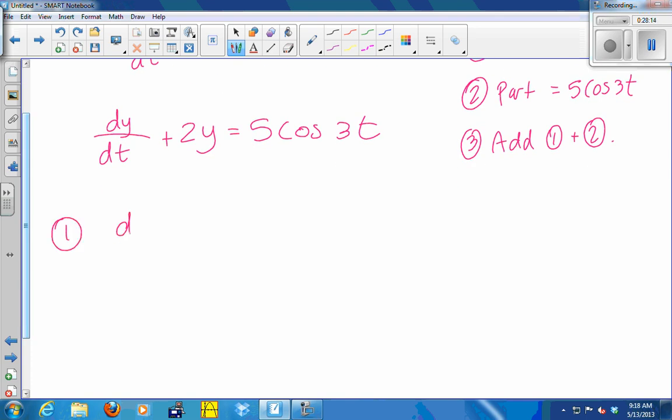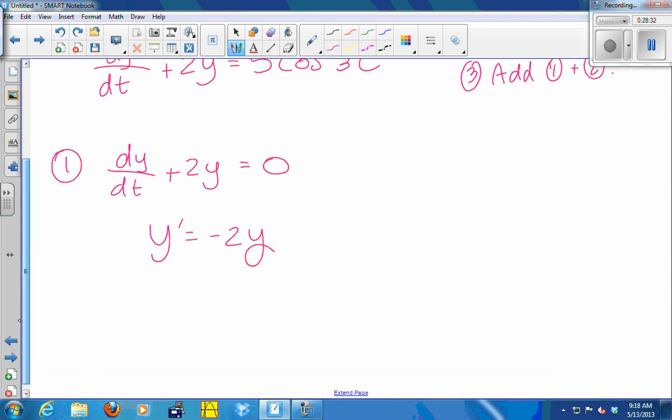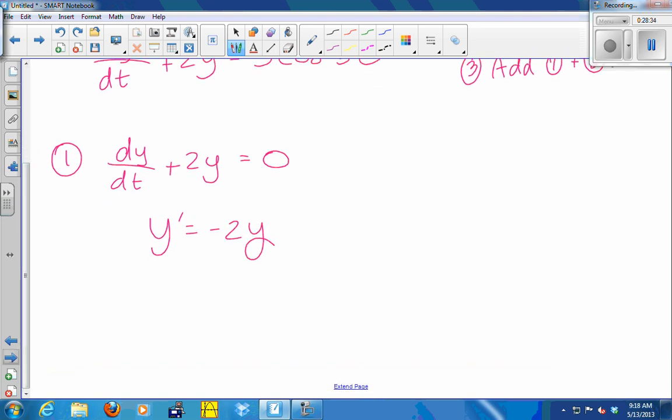We need to solve dy/dt plus 2y equals 0. What do you think? We can move the 2y over. We have y prime equals -2y, so e to the minus 2t. You can solve by separation of variables.